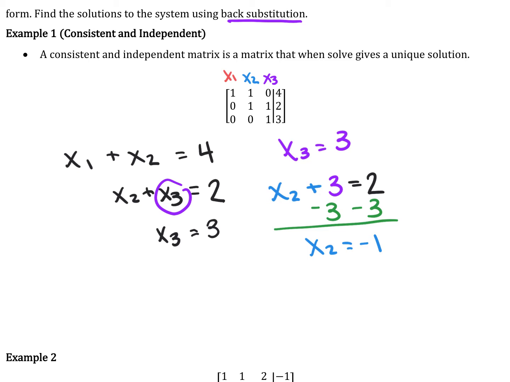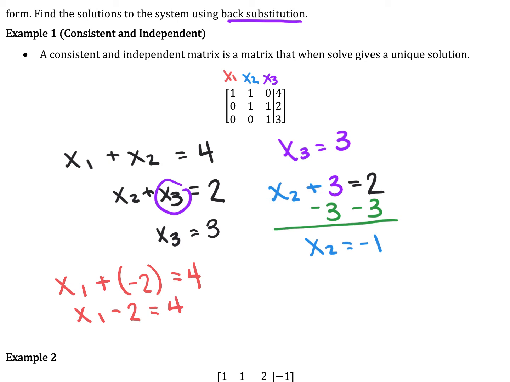Now, once I have that, I know x3 is 3 and x2 is -1. I can go back and find x1. x1 plus, well, x2 is -1, so that's x1 plus a -1 has to equal 4. Rewriting that, I get x1 minus 1 equals 4.